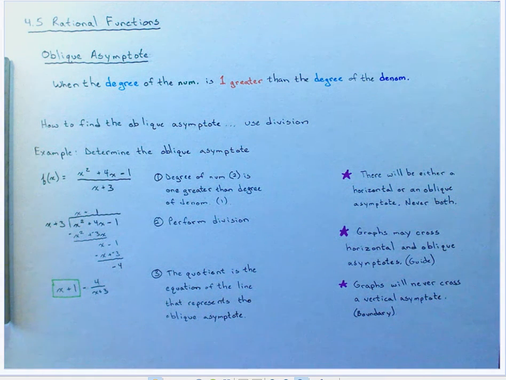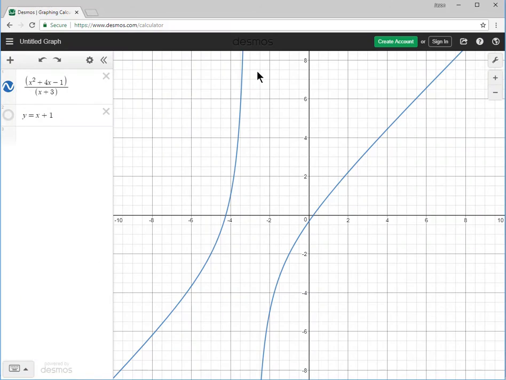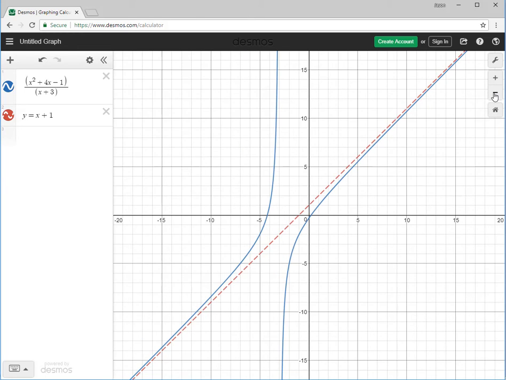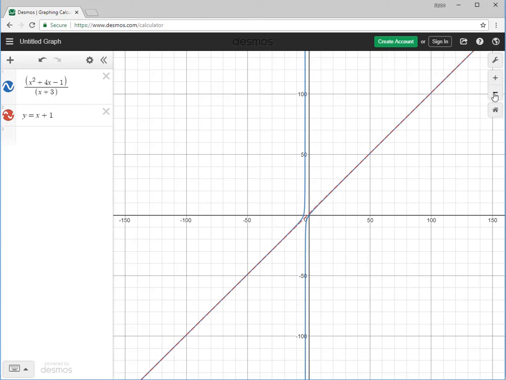So let's take a look at Desmos for our given function f of x. In the blue is our function f of x, and I have put in our oblique asymptote of y equals x plus 1, and that's what we have. As I zoom out, you can see it goes along both of those sections.